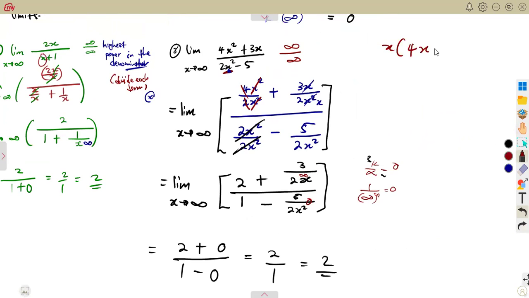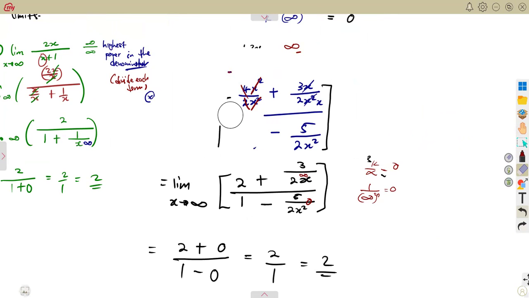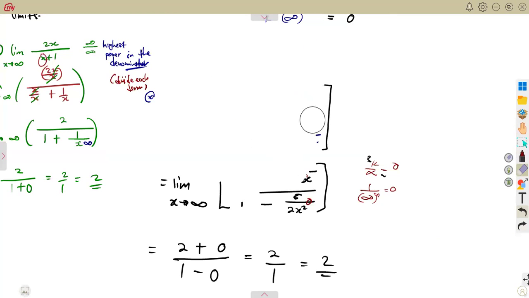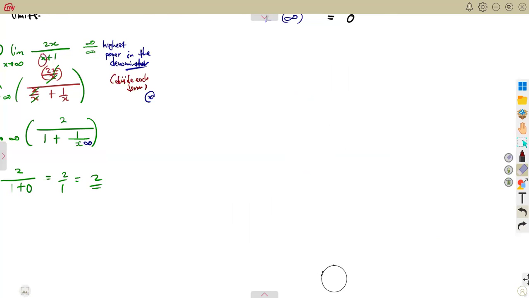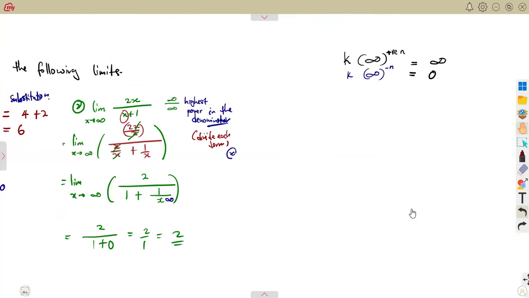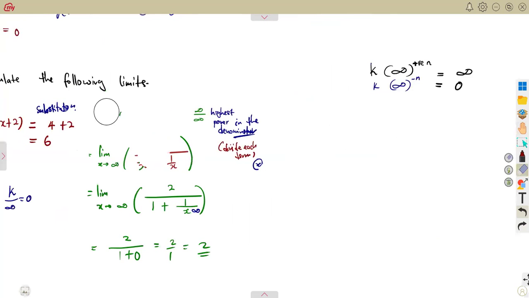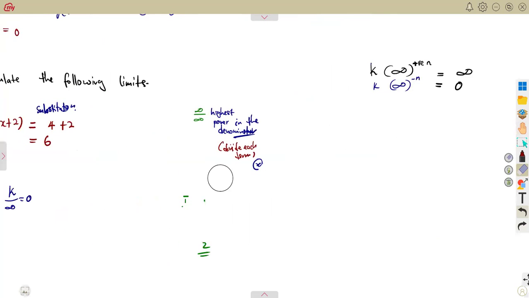You obtain 4x plus 3, which is not the same. There's no way, because these two cannot cancel. So on that condition, you divide by the term in the denominator. Take note that the term is taken from the denominator, and that term must have the highest power, which is the highest exponent.